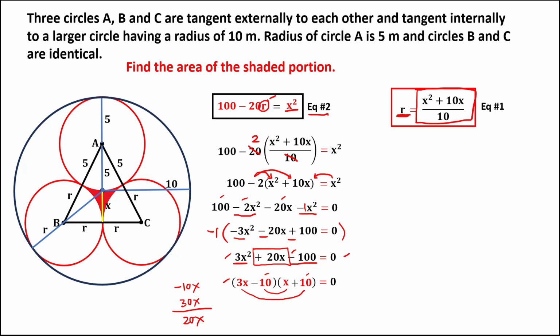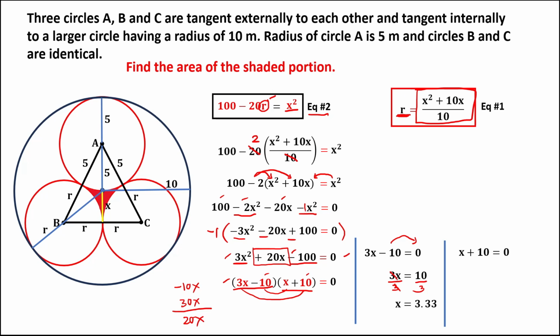Then to solve for x, equate these two factors to 0. So we have 3x minus 10 equals 0. Then x plus 10 equals 0. Then to solve for x, transpose this negative 10. So that becomes positive 10. And to solve for x, divide both sides by 3.